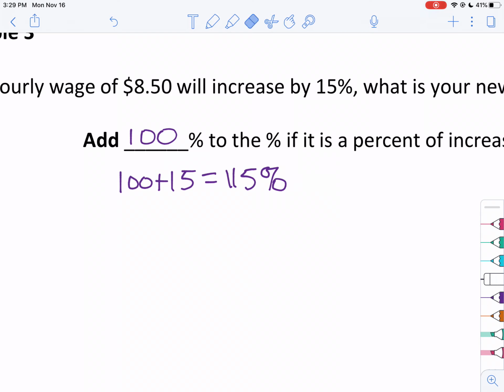Not if you use a proportion. Or you can always use your Desmos calculator. 115% of 850.